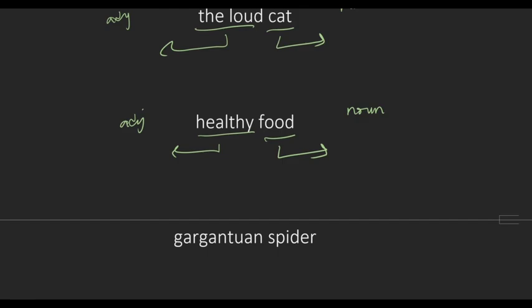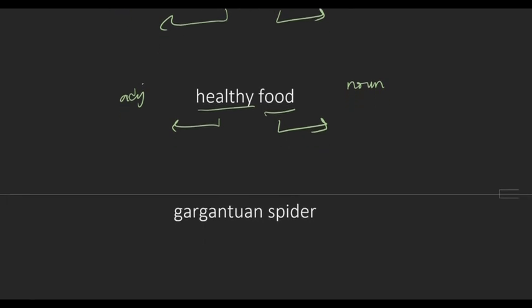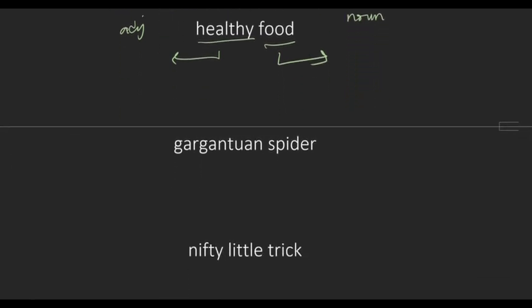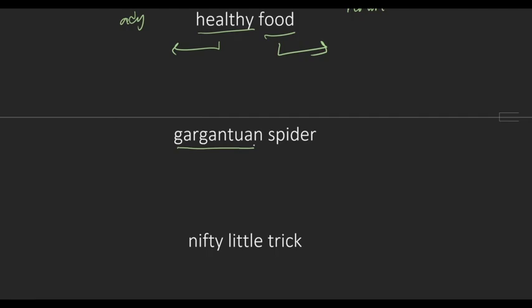Because we saw with the possessive, sometimes the owner came first, sometimes the item. But in the case of descriptive, the sequence is always going to be the same. Yep. Gargantuan spider. Who even talks like that? Gargantuan means like really big, right? So gargantuan is the description, spider is the described.